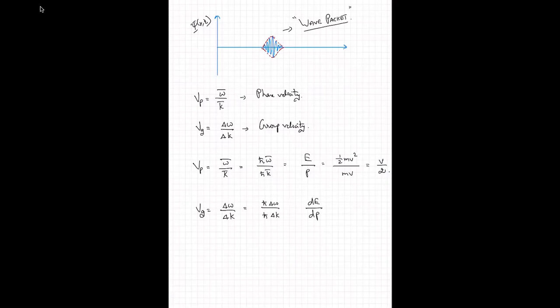So in the limit that delta omega and delta k are very small, which is the limit in which we are working, this can be written as dE over dP. But what is E? Classically, or even quantum mechanically, it is just P square over 2m. So dE over dP would be just P over m, which is the velocity.